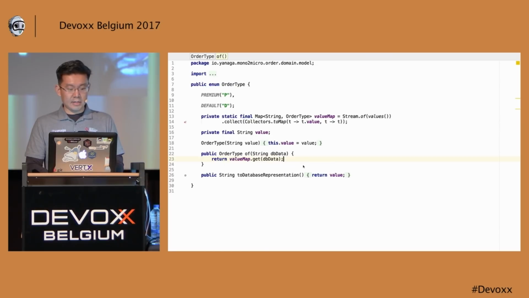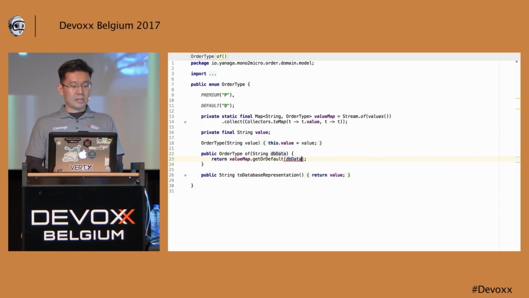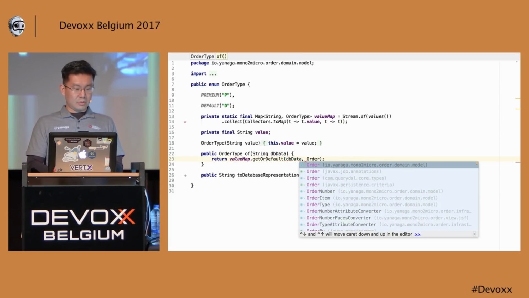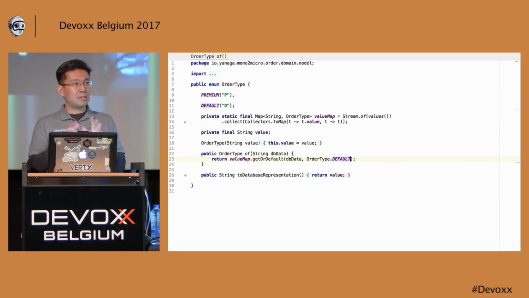And if, for any instance, you just pass like a C value for my order type, it's going to return a null. Maybe if it's going to return a null, you could return a default value, getOrDefault. Maybe you can say, well, the default value order type dot default. That's another way for you to provide a default value, so you can never have a null value in your class.